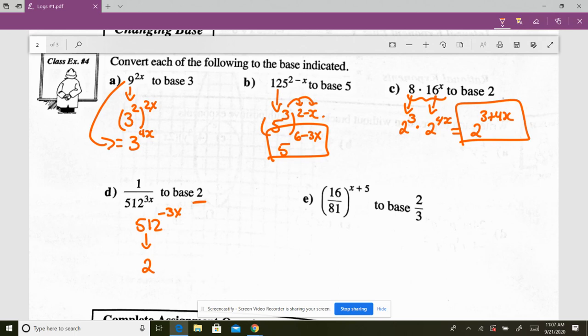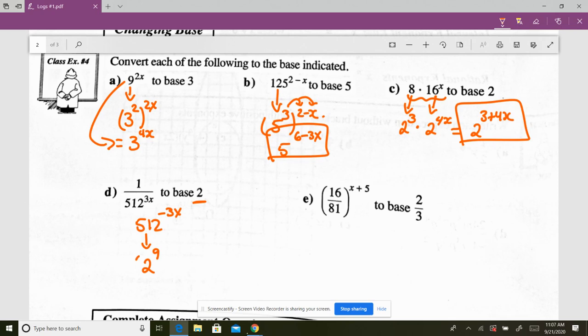Anybody got the answer yet? It's 9. 2 to the power of 10 is 1024. Half of that is 512. Okay? So it's 2 to the power of 9.